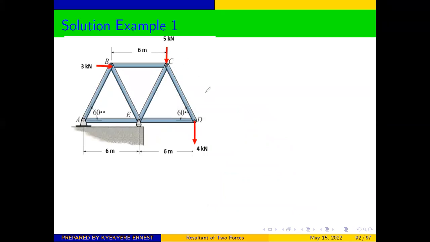Anytime you are given a question on trusses, the first thing you need to do is to draw your free body diagram. Now look at this side. This kind of support is a pin support.